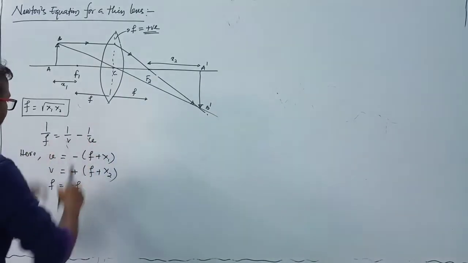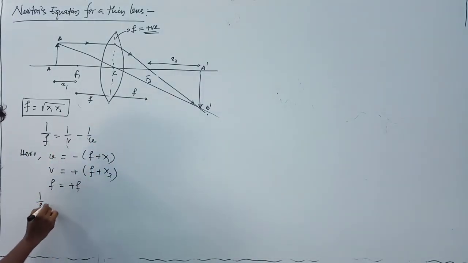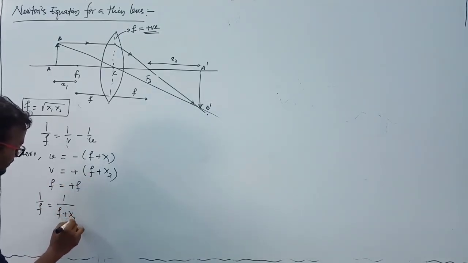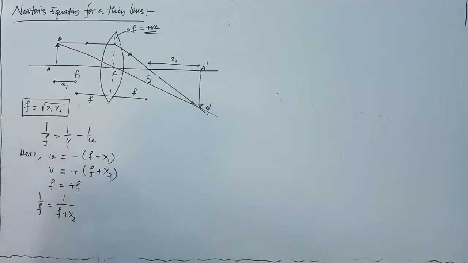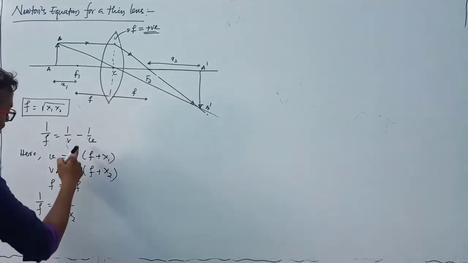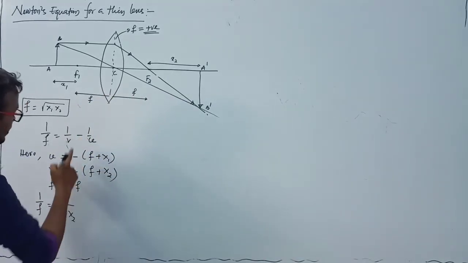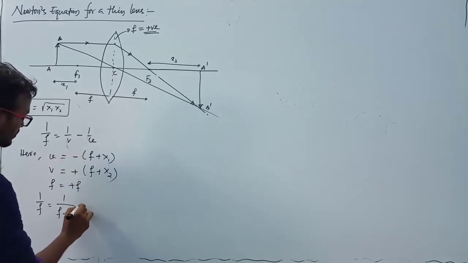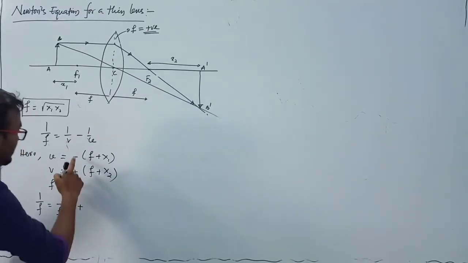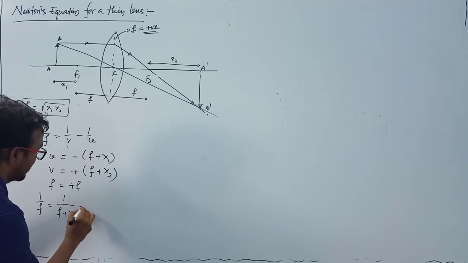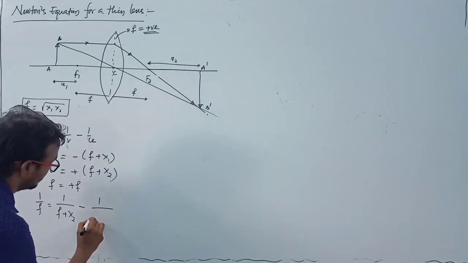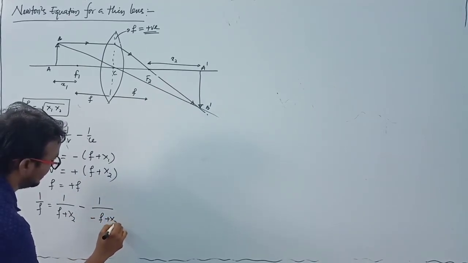If we use the values here, then we can write 1 by f equals 1 by v, and v is here f plus x2, with a positive sign, minus 1 by u, and the value of u is equal to minus f plus x1.